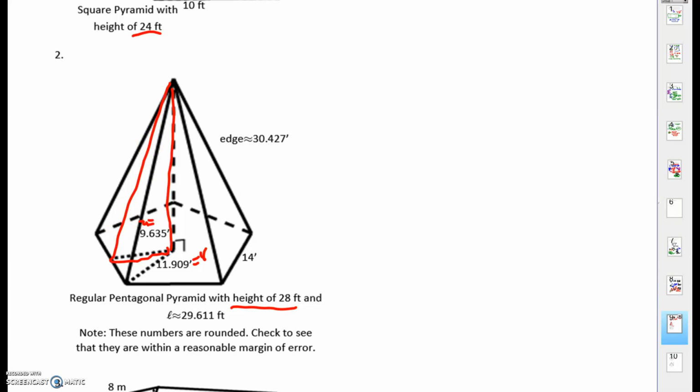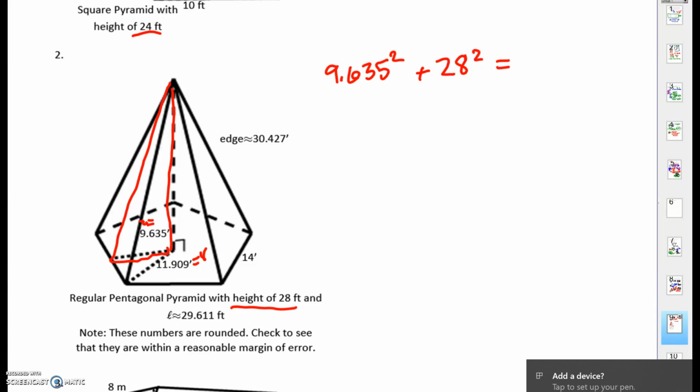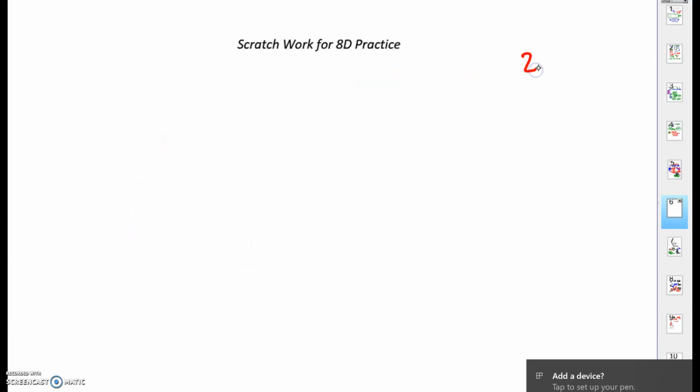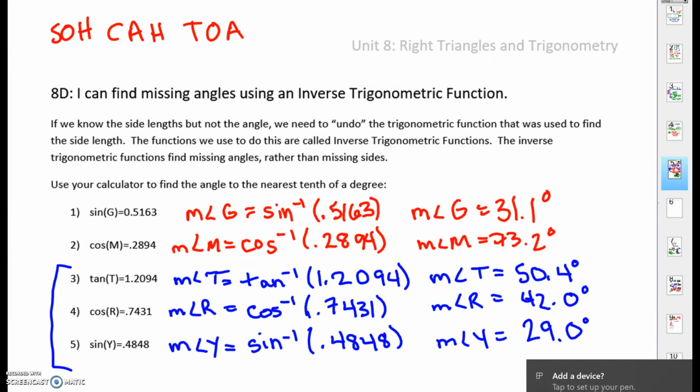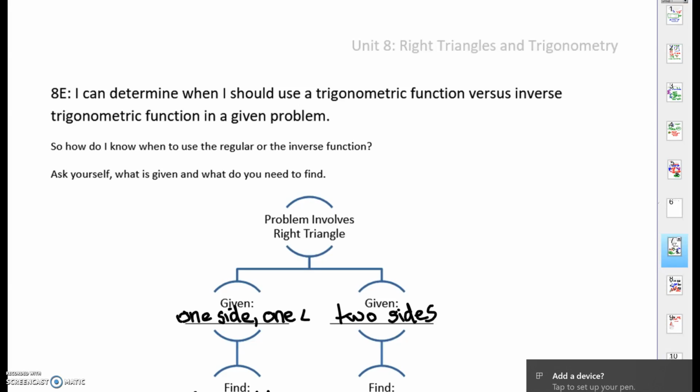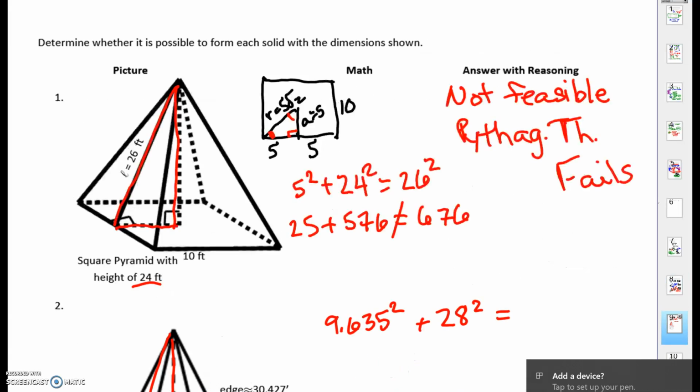Why not, shall we? Well, that would be the apothem, which is 9.635 squared, plus the height, which is 28 squared. And I want to know, does that equal, within reason, the slant height, which is, goodness gracious, come back. Sorry, friends. Oh, no, we go this way, apparently. Goodness, how many slides did it skip? Sorry.